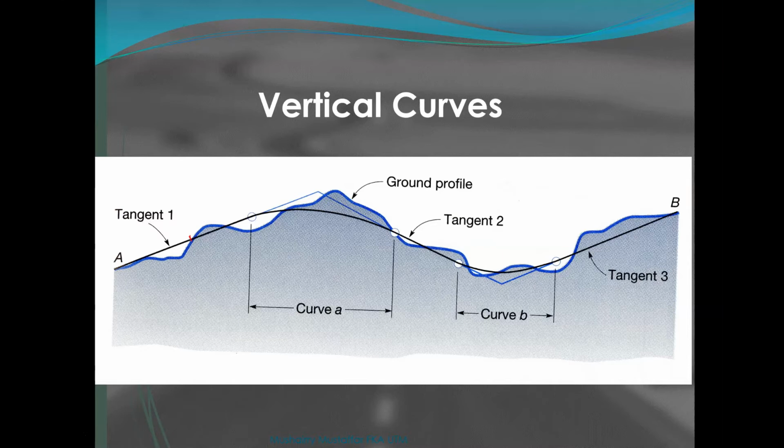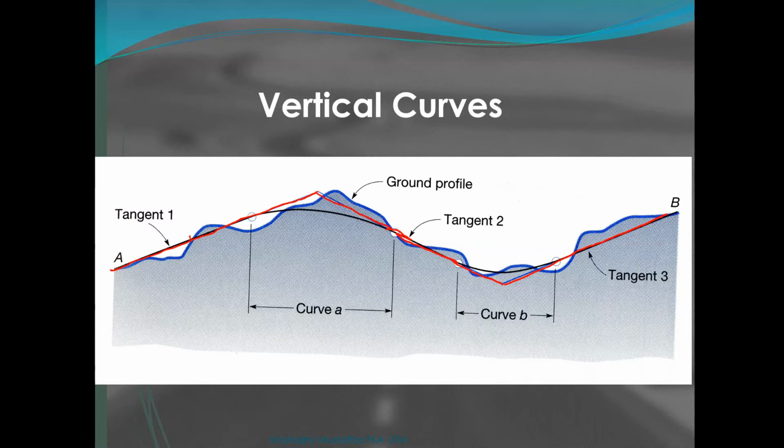So when we design a curve, we're going to make a grade or a slope. We're going to average that, maybe whatever we have decided, and another slope there that we average of the existing ground.